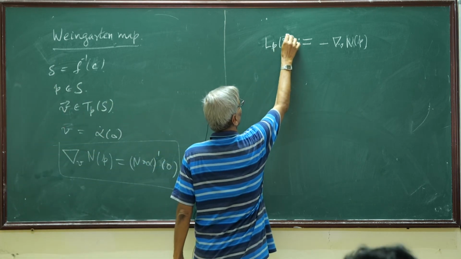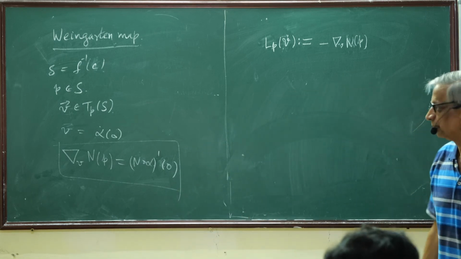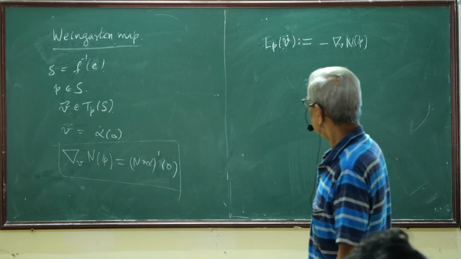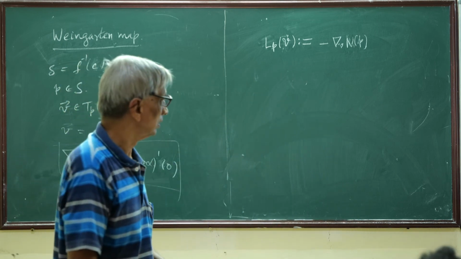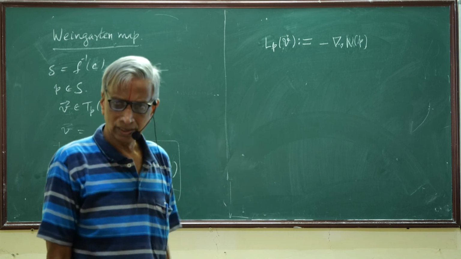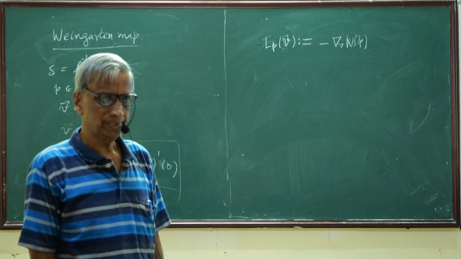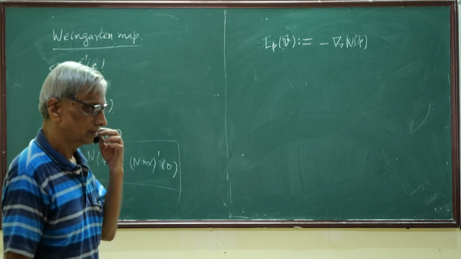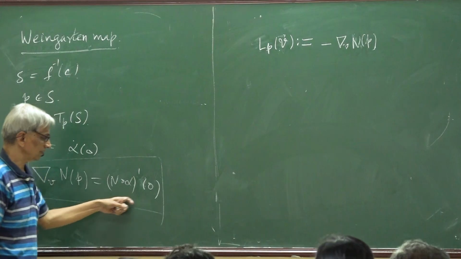So if you want to talk of tangent vectors, you usually put arrows there, okay? So where does this object lie? L_P of V. What is this equal to?